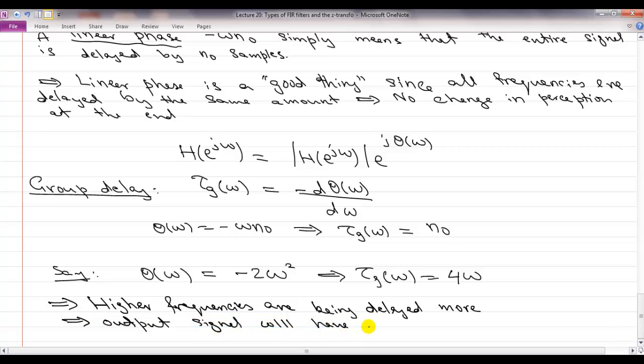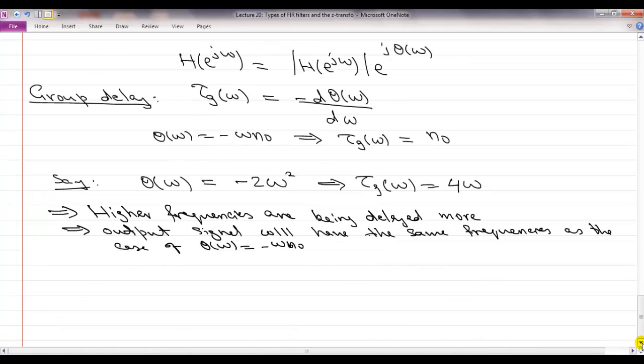What this means is that the output signal will have the same frequencies as the input, right? Because you haven't changed the magnitude, you are not going to change the frequencies that are going to be present in your output signal. But they will be changed in position temporally.